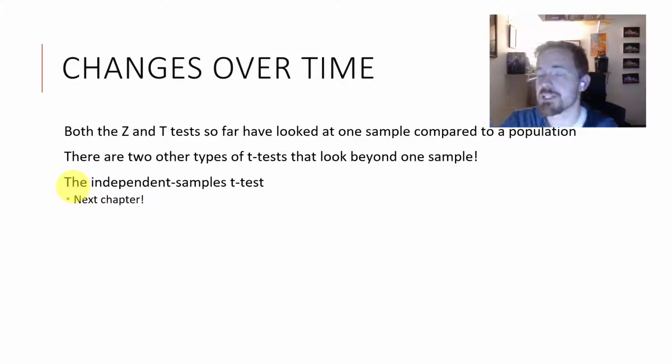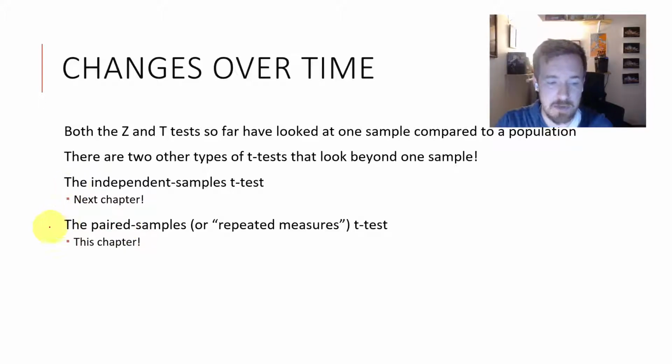So there are 2 types of t-tests for us to be able to measure more than one sample, and those are the independent samples t-test, which we'll be talking about next chapter, or the paired samples t-test. As I mentioned, the book refers to this as repeated measures. I'm going to be calling it paired samples because outside of this textbook I haven't really heard many people use repeated measures.